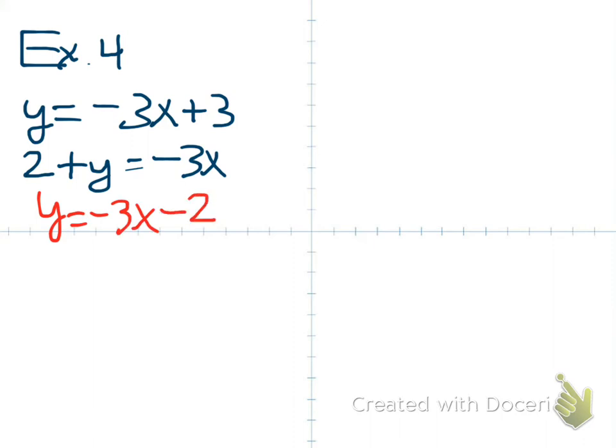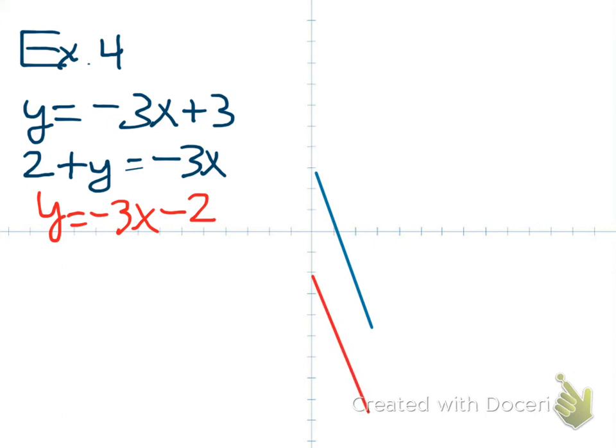Okay, if you graph that, you would see two parallel lines, one at 3, going down and over 1. So something like this. Whereas the other one would be starting at negative 2, going down and over 1. So maybe something like that.